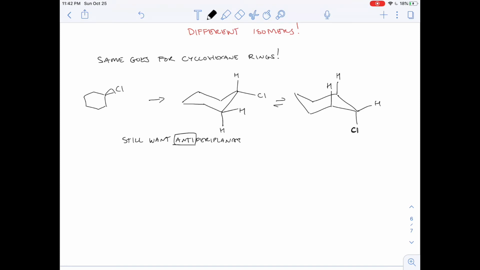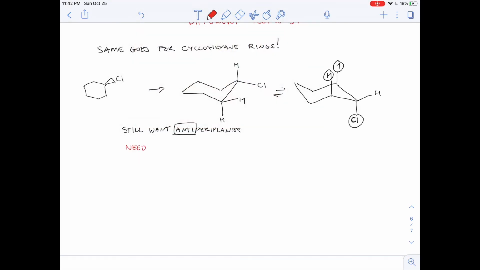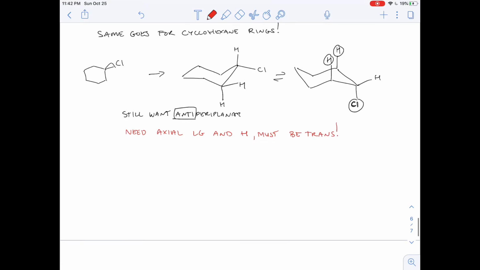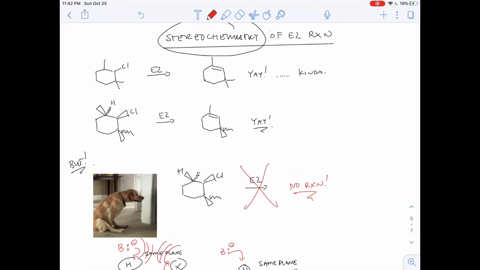And that gives us, at the adjacent carbons, the other axial hydrogens that are trans to it are going to be antiperiplanar to that. If the chlorine's in the equatorial position, the thing that is antiperiplanar to it is the adjacent carbon-carbon bond, and so that's not going to help. That's not what we want.